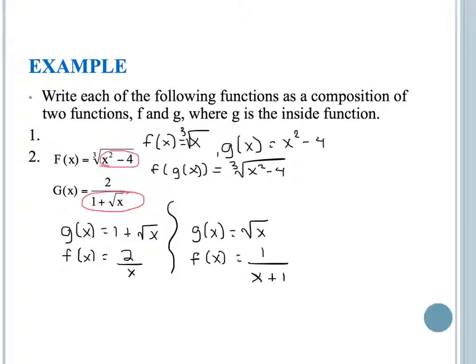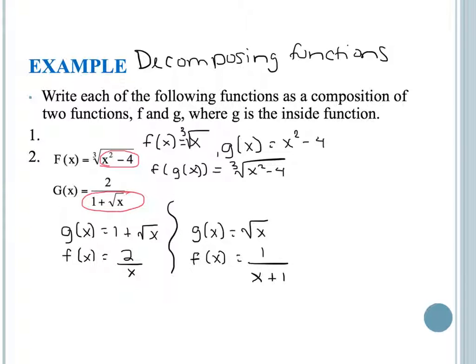So either of those would work. What we're doing here is called decomposing. We are breaking down the more complicated function into the two original f of x and g of x.